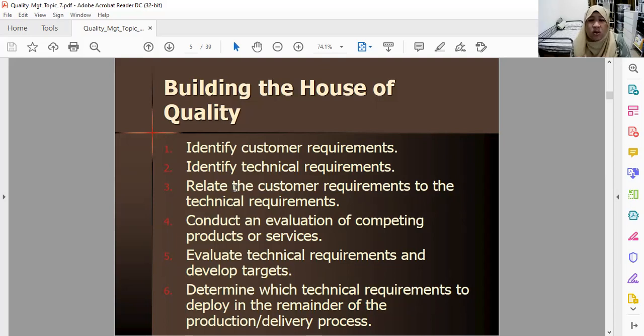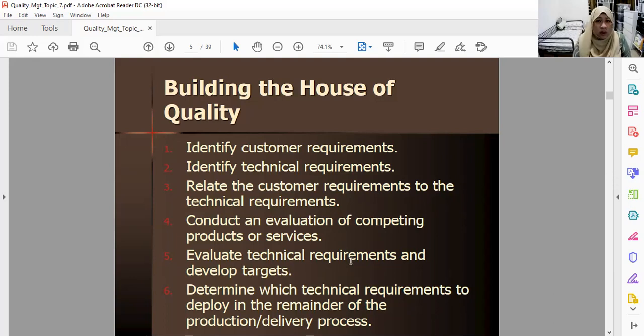Maybe we need some chips, some plastic, the keypad itself, the screen, whatever is needed to invent the calculator. The technical requirement is done by the quality department function. They will go into detail and relate the customer requirement to the technical requirement.